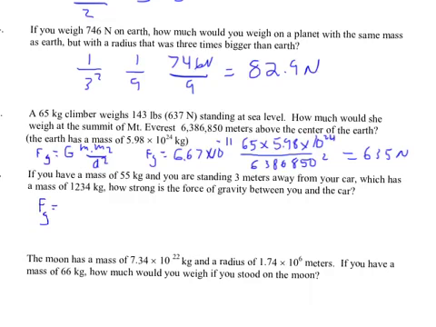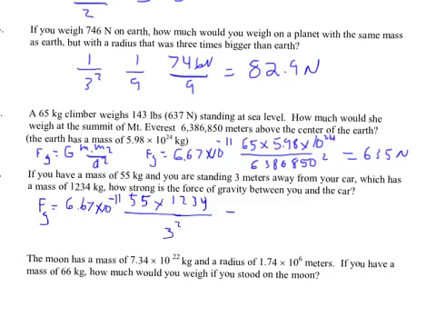It's going to be equal to 6.67 times 10 to the negative 11th, that's big G, times M1, which is 55 kilograms, times M2, which is 1,234 kilograms, considerably smaller than the Earth, I might point out, divided by the square of the distance between their centers.